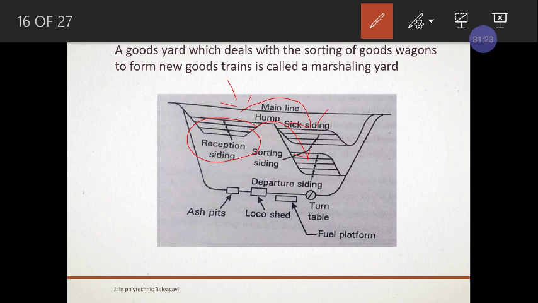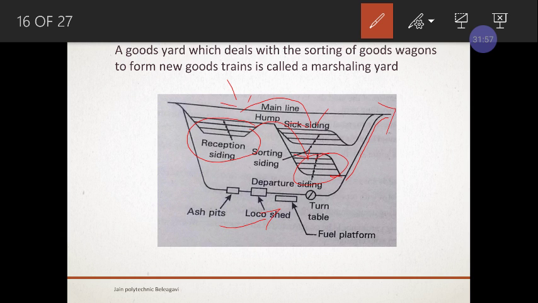Once the trains have been sorted out, they are taken to the departure sidings. They are arranged and brought to the departure sidings, and from the locomotive yard, the engine comes and attaches to the remaining bogies and then is taken out on the main line.